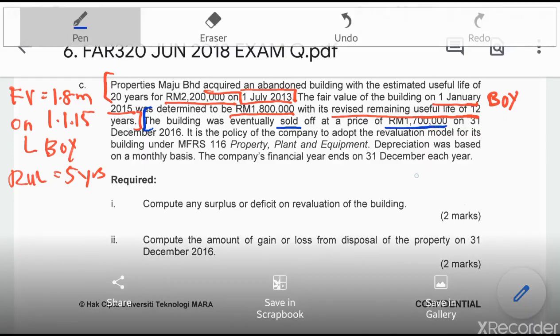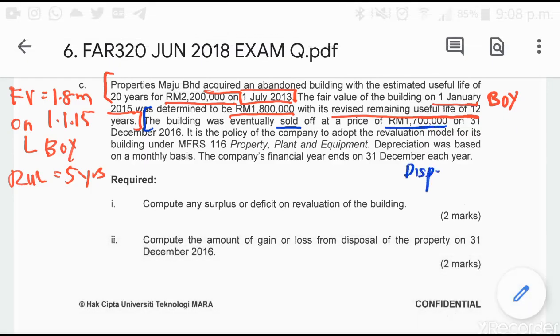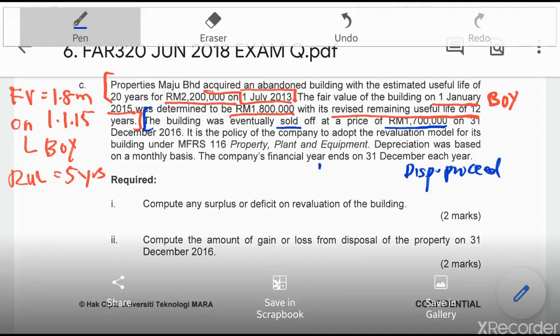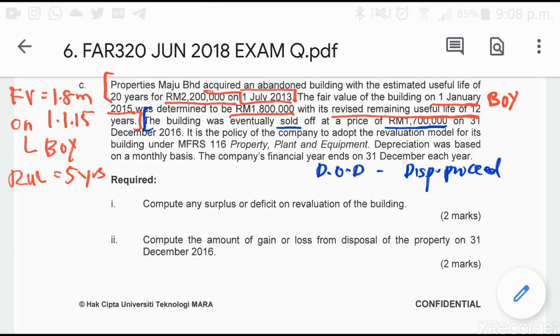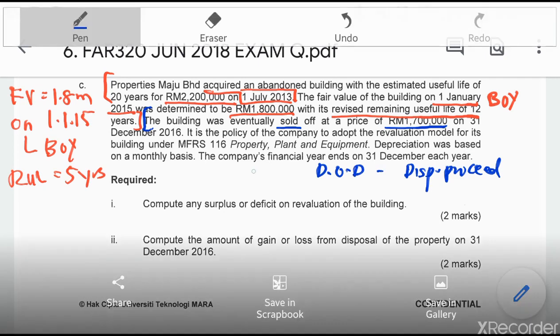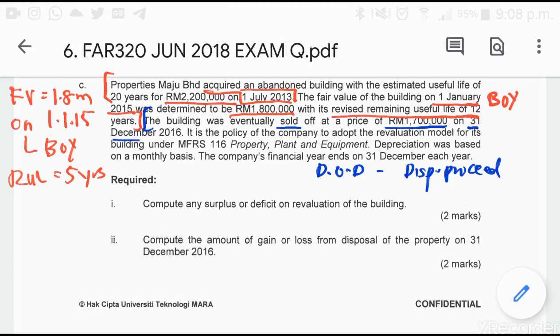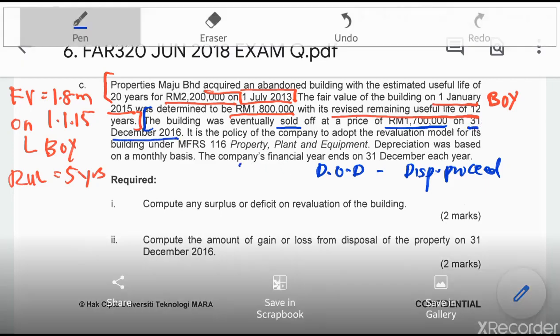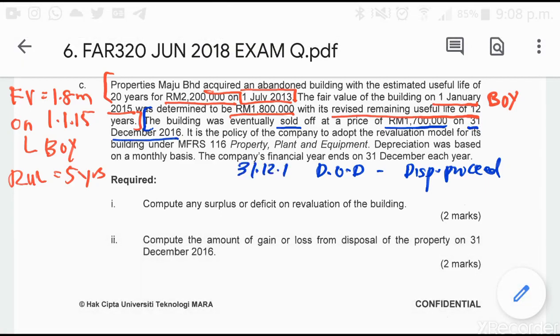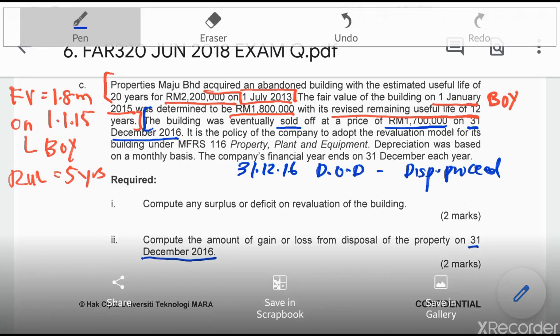So 1.7 is the disposal proceeds on the date of disposal. The date of disposal is at the end of 31st of December, which is also the date that you are asked to calculate the amount of gain or loss.